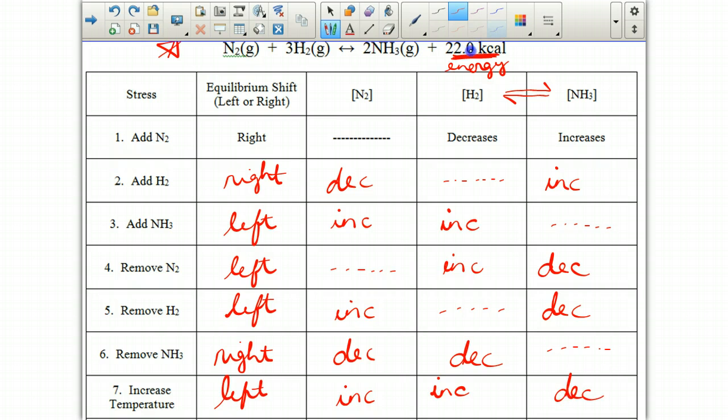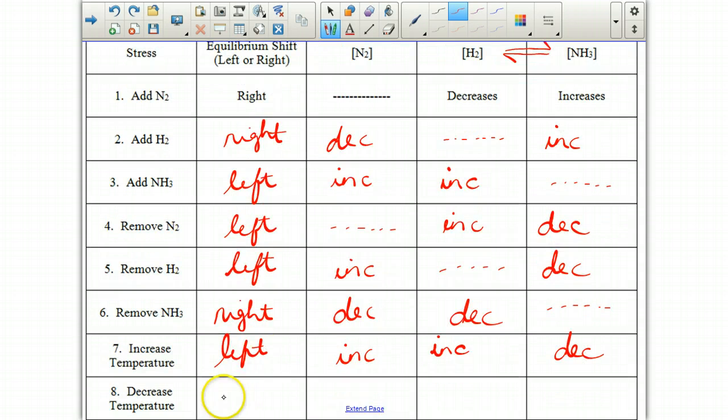Opposite of that, if I removed energy, if I decreased the temperature, then that would cause me to shift towards what I removed, so the reaction would shift to the right. And by shifting to the right, that's going to cause a decrease of my reactants and an increase in my products.